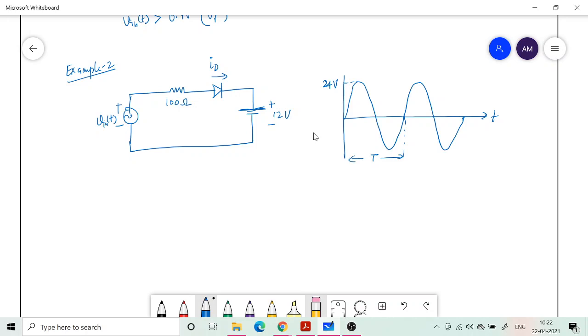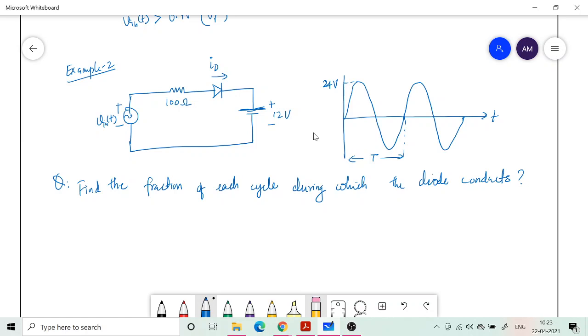So now what is the question? The question is this: find the fraction of each cycle during which the diode conducts.